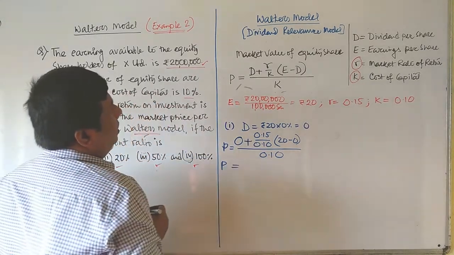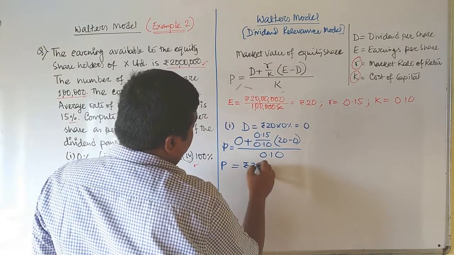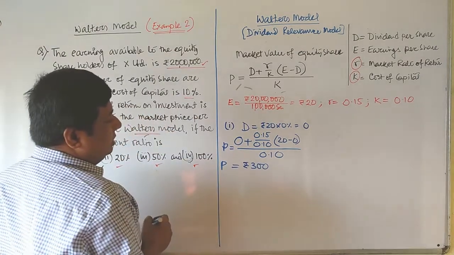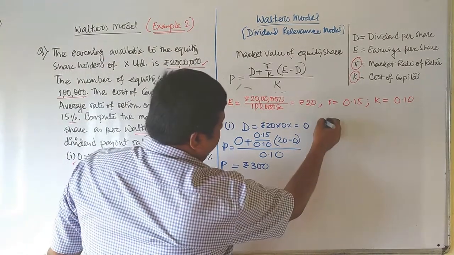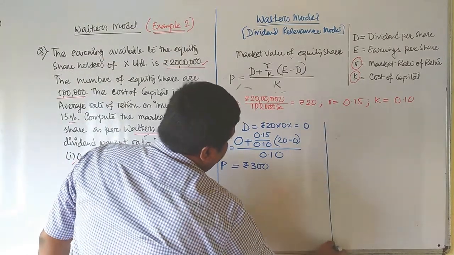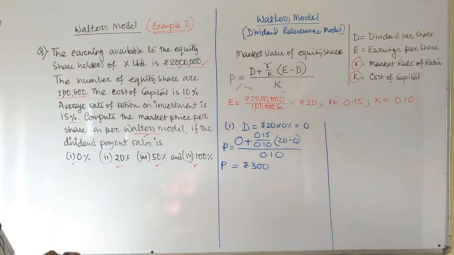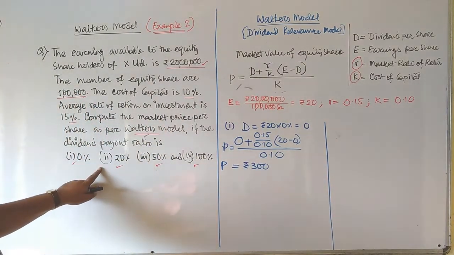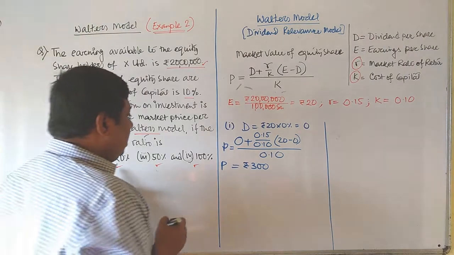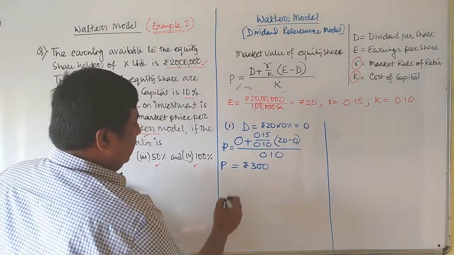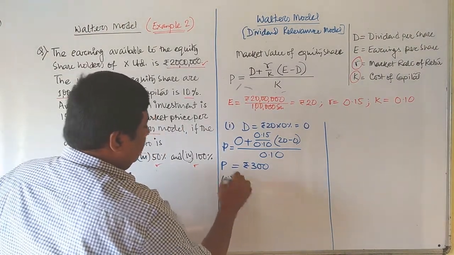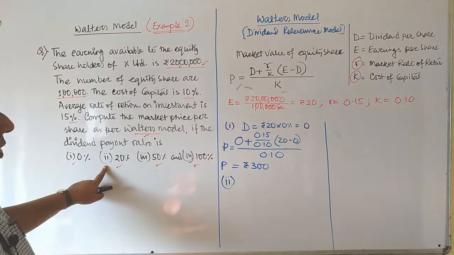Once you solve, you get rupees 300. You are getting the answer of rupees 300 in the first condition. Well, now we should follow the second condition.